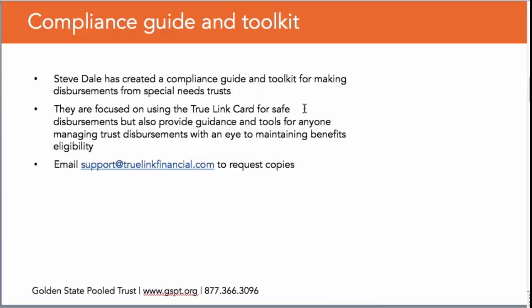So we like to start off with a plan pre-approving distributions, then allow, and I believe Claire will show us later, typically how they set up the card to assist in that. But even with that, we need to keep good records in case we get audited.